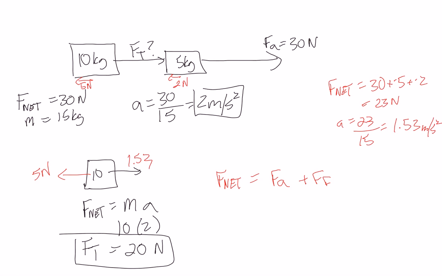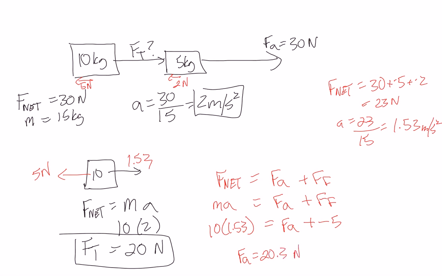We have it moving at 1.53, so that would be our mass times acceleration there. So we'd have 10 kilograms times the 1.53, and our friction was 5 in the negative direction. If we solve that equation, then our applied force is 20.3 newtons.